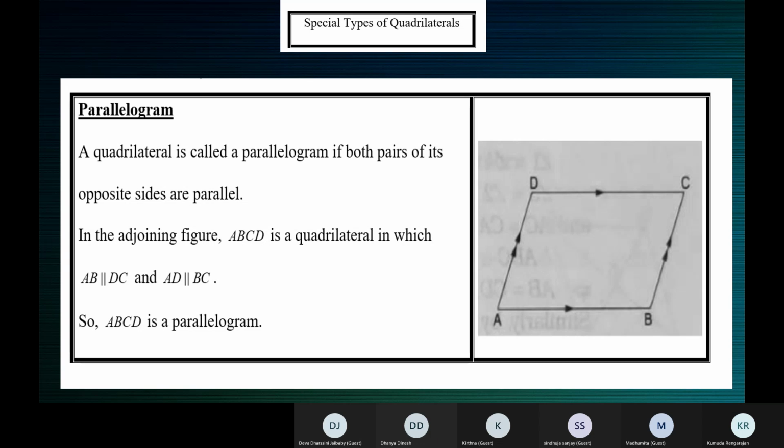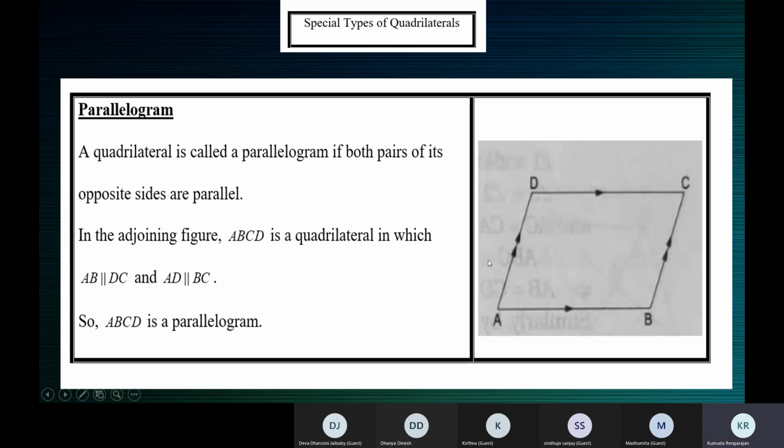Now, if you're given a quadrilateral and asked to check if it is a parallelogram, you don't have to verify all these properties.